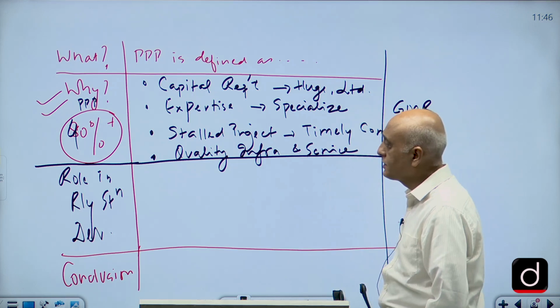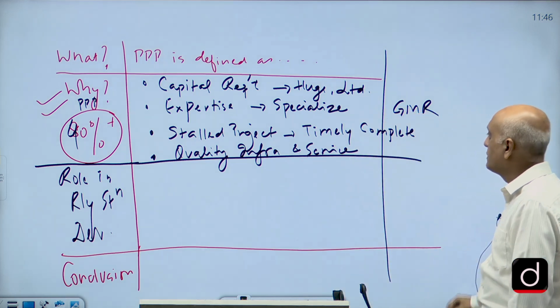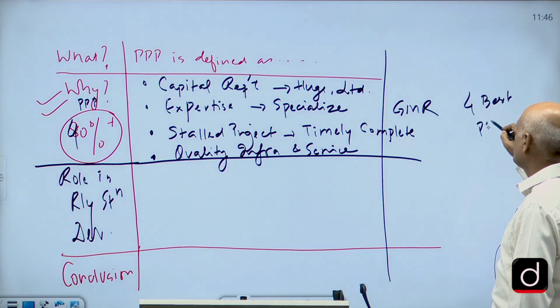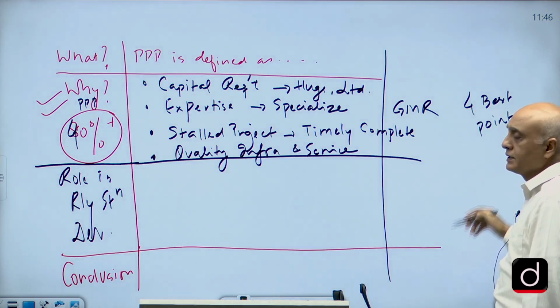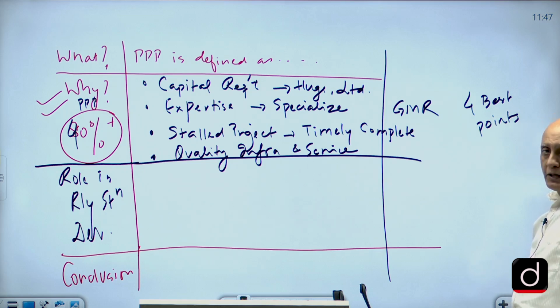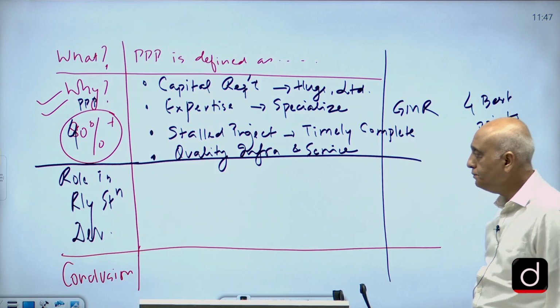So I can give you 4 best points in every question, because I told you that we have to write 60 to 65 words maximum. So 4 sentences means almost 60 words. Am I clear? So I think these 4 points you can write on why PPP is going to be better.